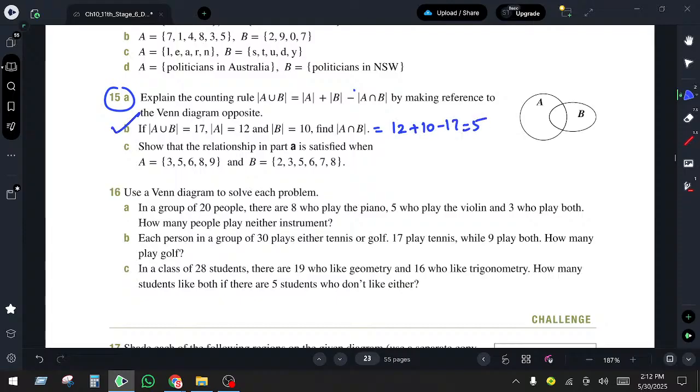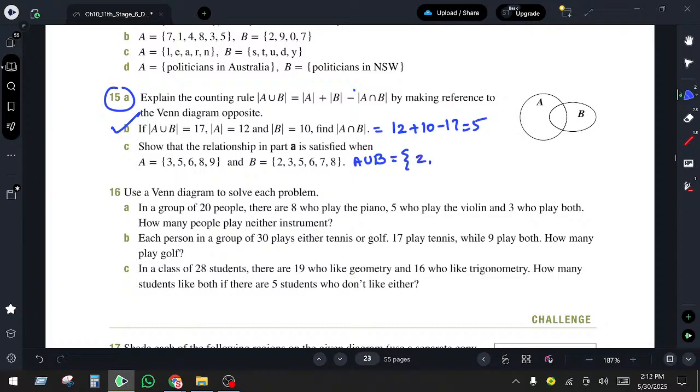Is it clear or not? Please confirm. Clear. The plus minus change formula only. That's the direct formula. Show that the relationship of part A satisfies. What is A union B? A and B both. Confirm the set.